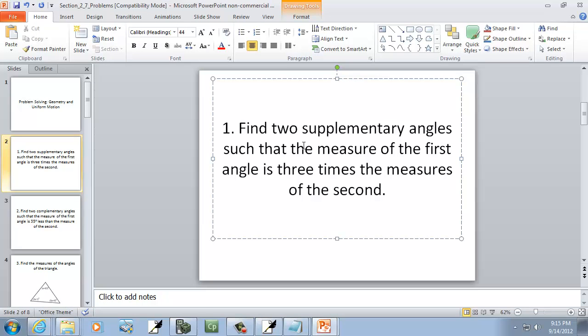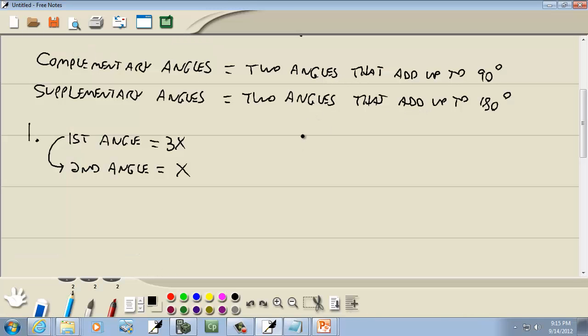Now it says that they're supplementary, which means they add up to 180 degrees. So we take our first angle, which is 3x, plus our second angle, which is x. That should add up to 180 degrees. Well, 3x plus x gives us 4x. Now we're solving for x, so we'll divide both sides by 4.